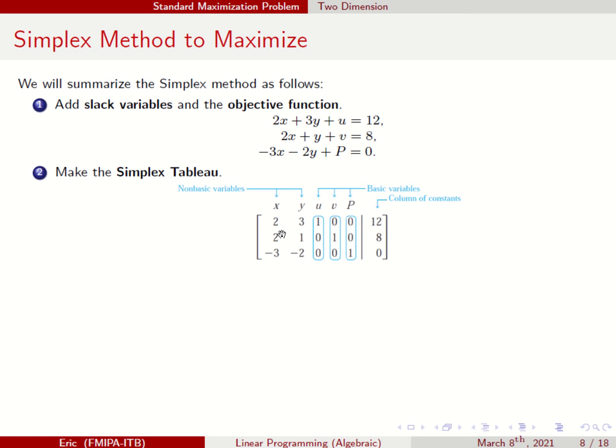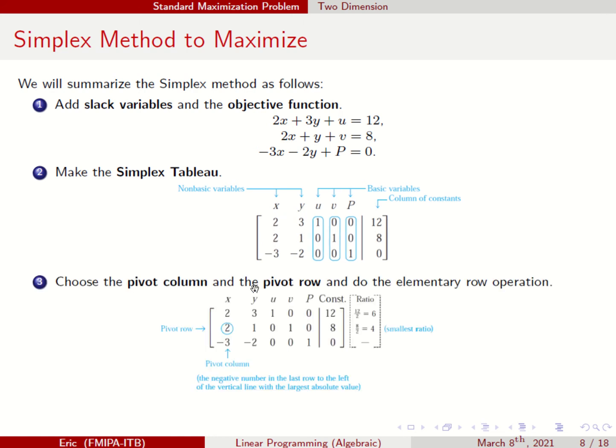So I have to choose the most influential non-basic variable. Influential, I mean influential to the profit. And I have to find the most negative. The most negative is x, so I can choose this column. Then I have to choose the pivot element, the one with the smallest ratio.